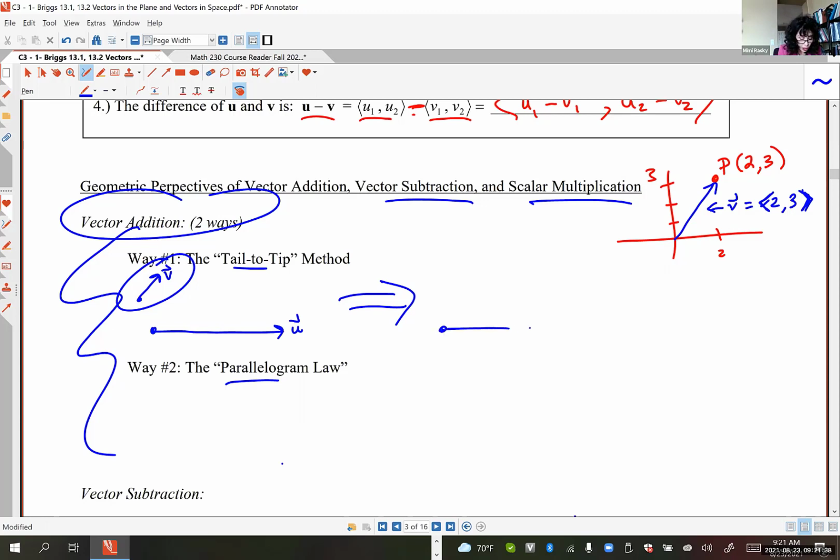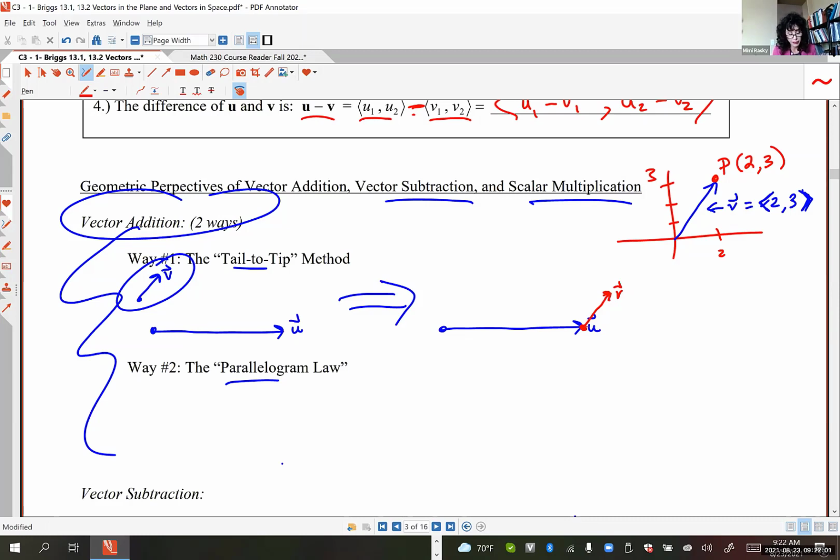So I'm just going to copy u down again. He's still kind of lying flat on the ground. V, I'm going to translate him so that his tail is on the tip of u. So here's v. We just moved him so that his initial point is right on top of the terminal point of u.